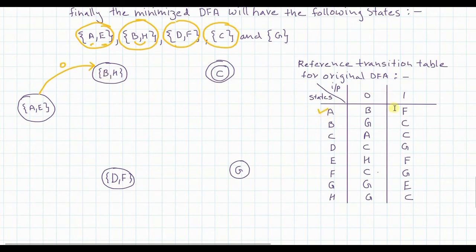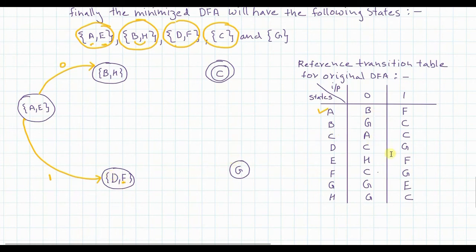Similarly, A on 1 goes to F. So AE on 1 goes to the subset which gives you F, which is DF. Whether you call it F or D, they are now equivalent, they are the same.